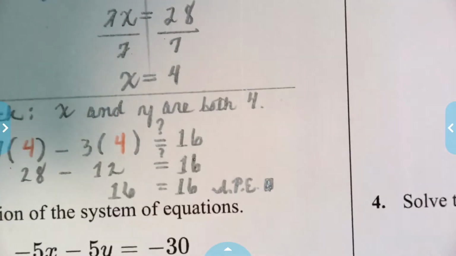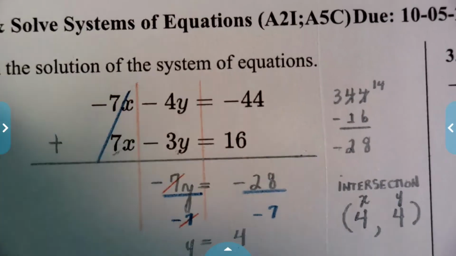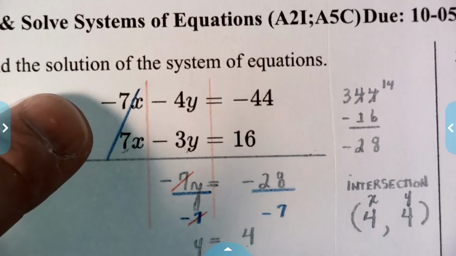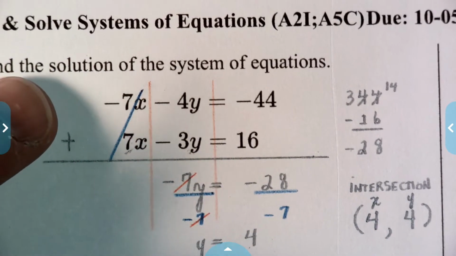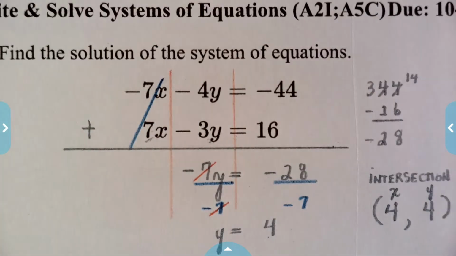Okay. Now there's also the graphing method of checking your answer. You won't be able to do that using Desmos or the TI calculator in the STAR test, but let me show you what it looks like when graphed, so you can see that in fact these two lines intersect at 4, 4.